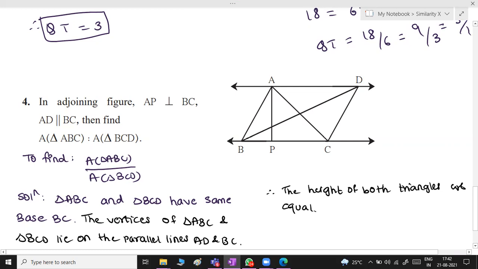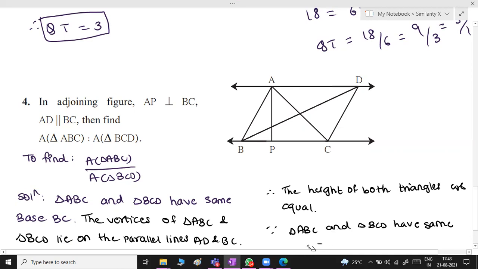Now since triangle ABC and triangle BCD have same height and same base, same base and equal height. ऐसा लिखना चाहिए.